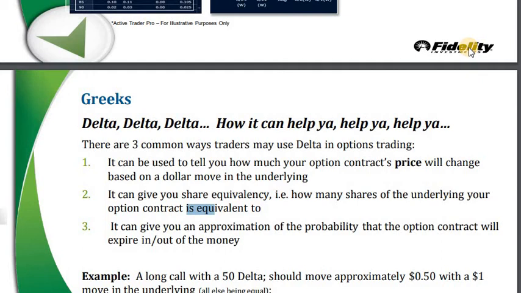It is something like this: your father is 60 and you are reaching an age of 40 or 45, or 30, whichever it is, then you will more or less function at the speed of your father or mother. Correct? So the delta will be 1. If your father is traveling at 100 km speed, you can also travel. So that's the reason it gives an approximation whether it is in the money or out of the money.